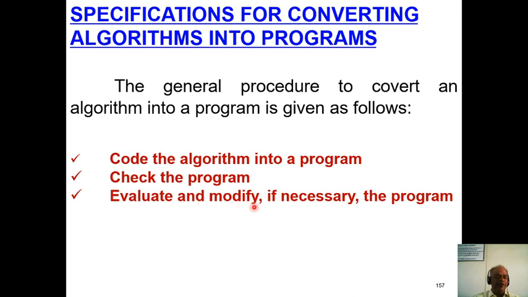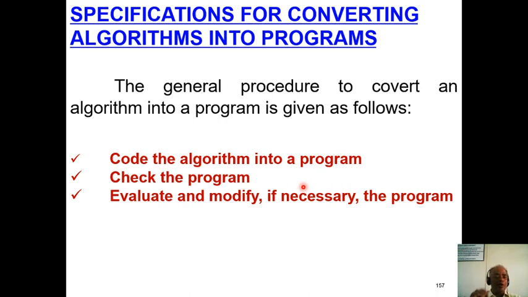Based on the output of the program, make program code changes. Based on the output of the program, you can make modifications to the program code, and if necessary, make changes in the original algorithm also.